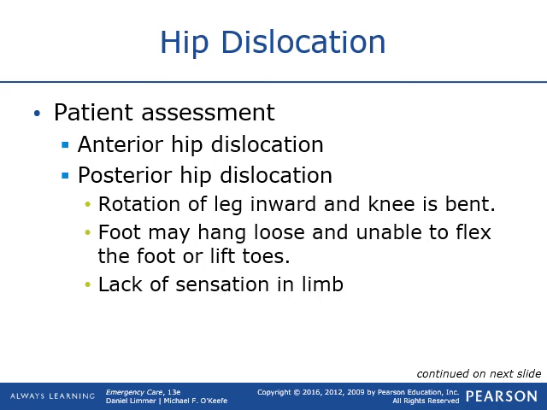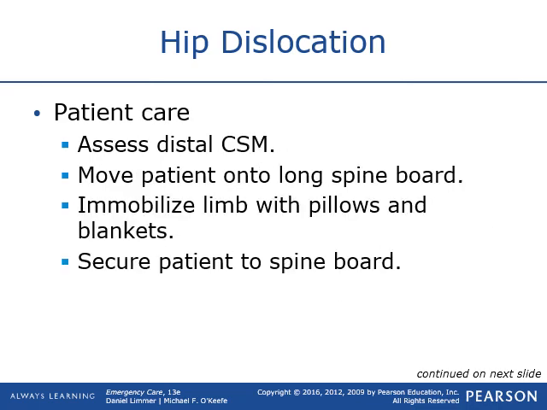Hip dislocation. You'll see a lot of these with the elderly, even with ground level falls, okay? Anterior hip dislocation, posterior hip dislocation. So you're going to see a rotation of the leg inward and knee is bent. Foot may hang loose and unable to flex or lift the toes, lack of sensation in the limb.